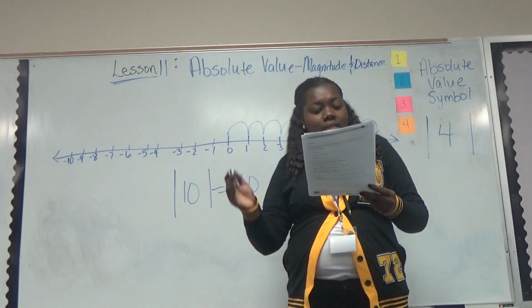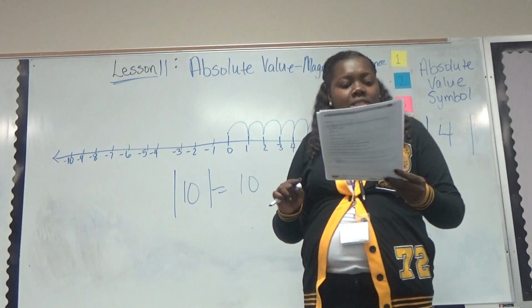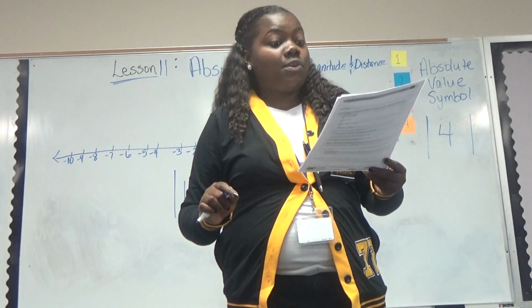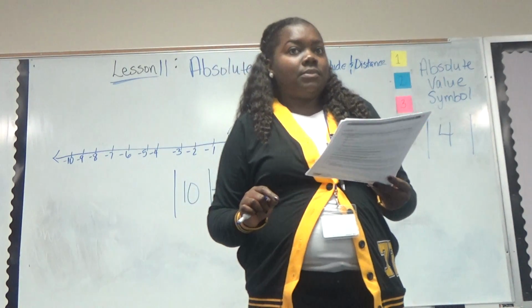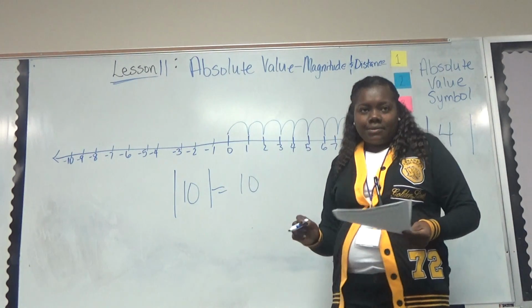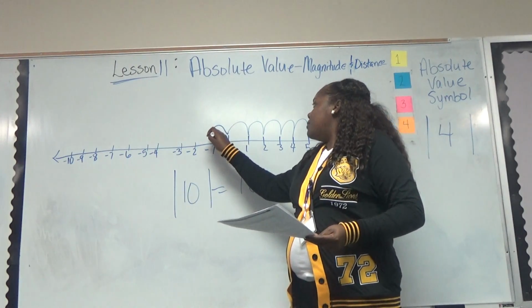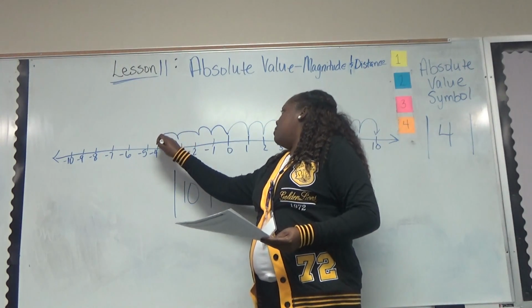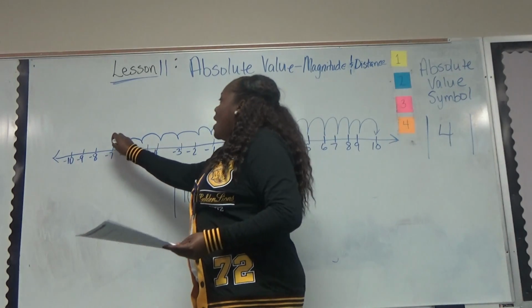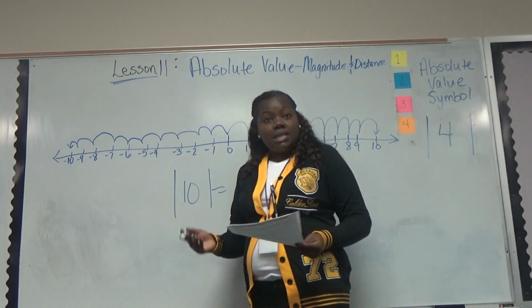Now, look at the next one. The next question says, what other number has an absolute value of 10? Negative 10, right? Why? Because it's 10 units away from 0 as well. So if I were to count using this curved arrow method, I would see that it also only takes me 10 units to reach negative 10, right?